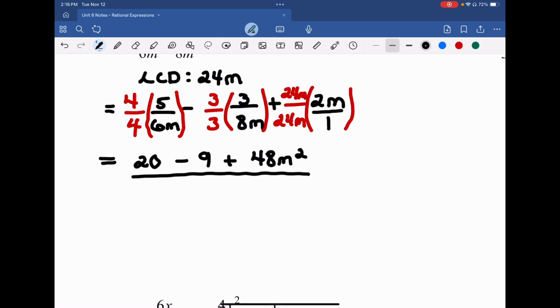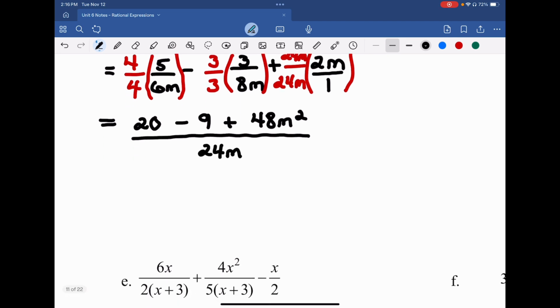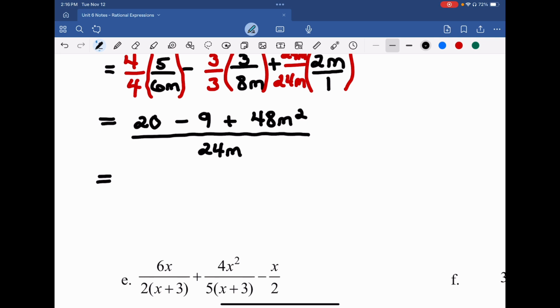All the denominators make 24m, so let's put 24m down there. This is equal to 20 minus 9 is 11. And by descending order, I'm going to write the 48m squared plus 11, not minus, all divided by 24m.